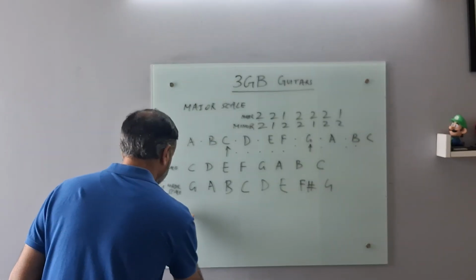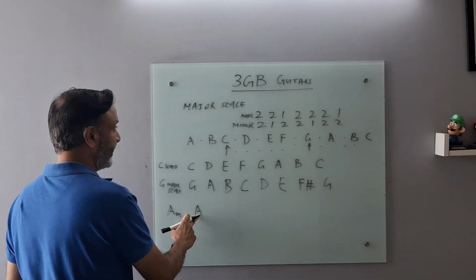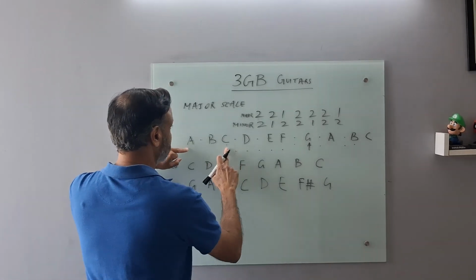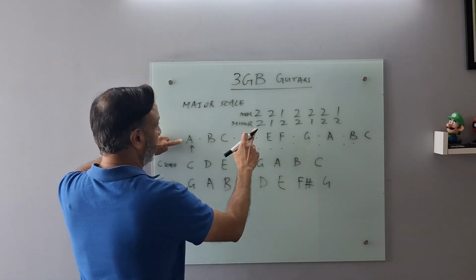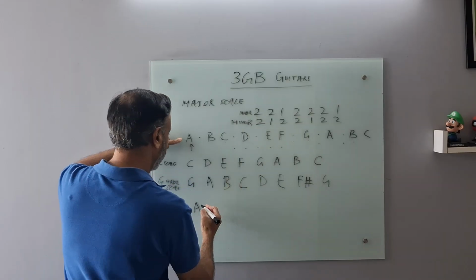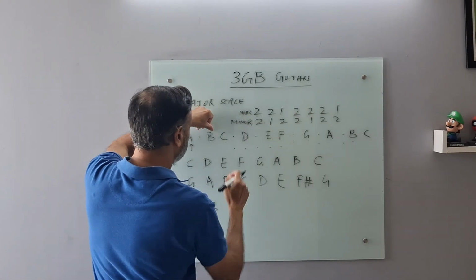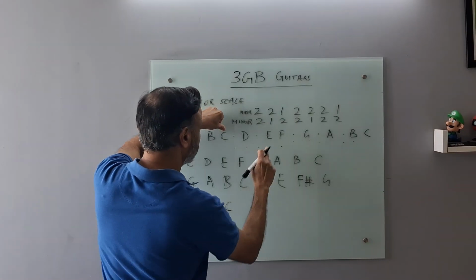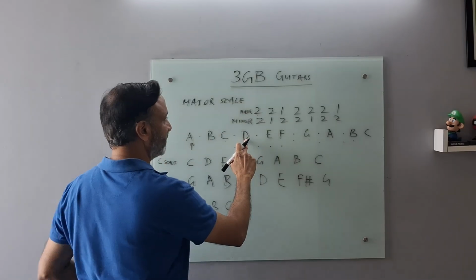So let's start with the A minor scale. Okay, so I start with A, which is here. Now I'm going to step through using this sequence. So 2, 1, 2, that's B. Then 1, B plus 1, C. Then again 2, 1, 2, that's D.